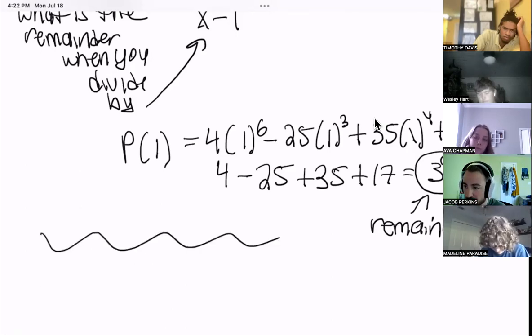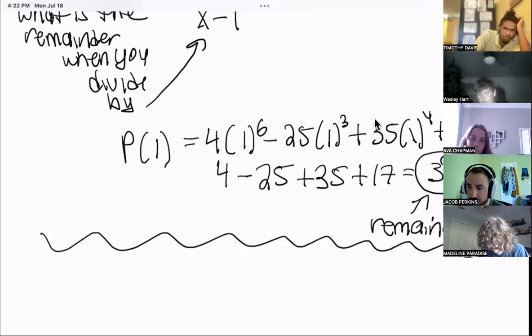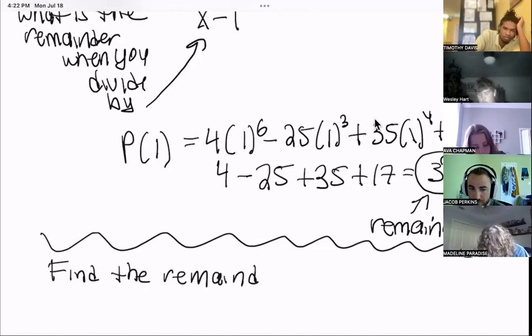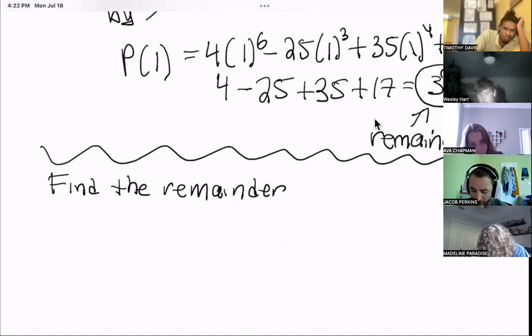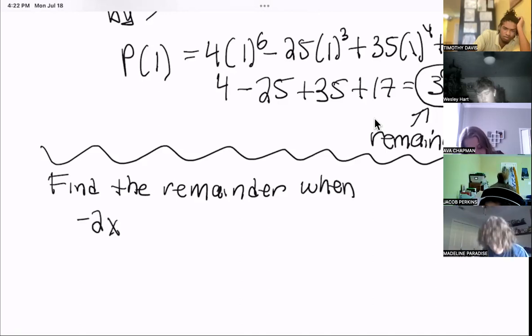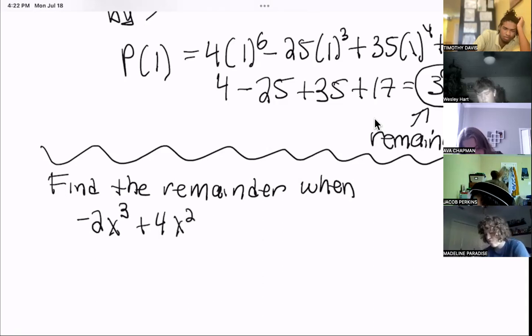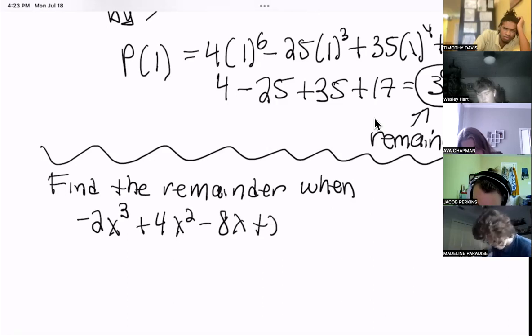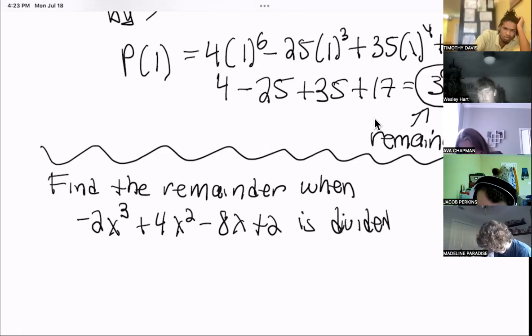Let's look at another one. Say I want the remainder. Find the remainder when negative 2x cubed plus 4x squared minus 8x plus 2 is divided by x plus 1.